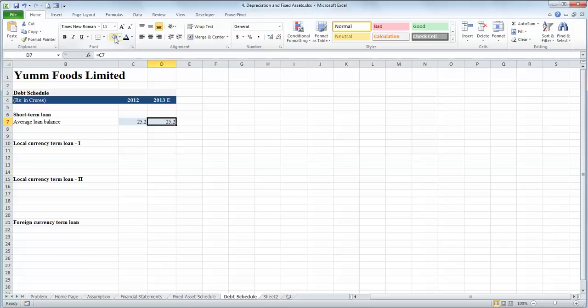The explanation is, while we would like to keep all the critical assumptions in the assumption sheet, certain numbers are better left in the main schedule where they are worked out. The reason being, while the loan balance amounts have less certainty in them, in the sense the amount of repayment is kind of predetermined, the analyst would also want to know what happens to the loan opening balance and closing balance as he changes the figure.